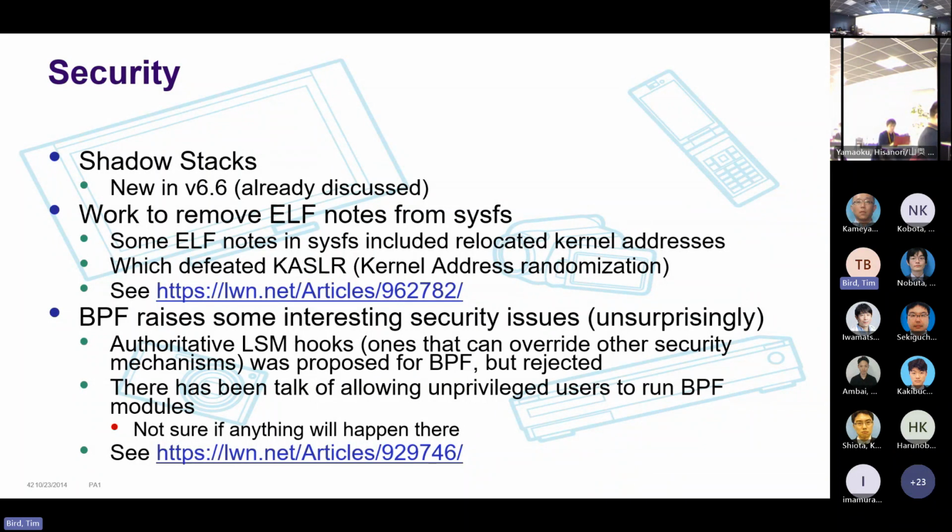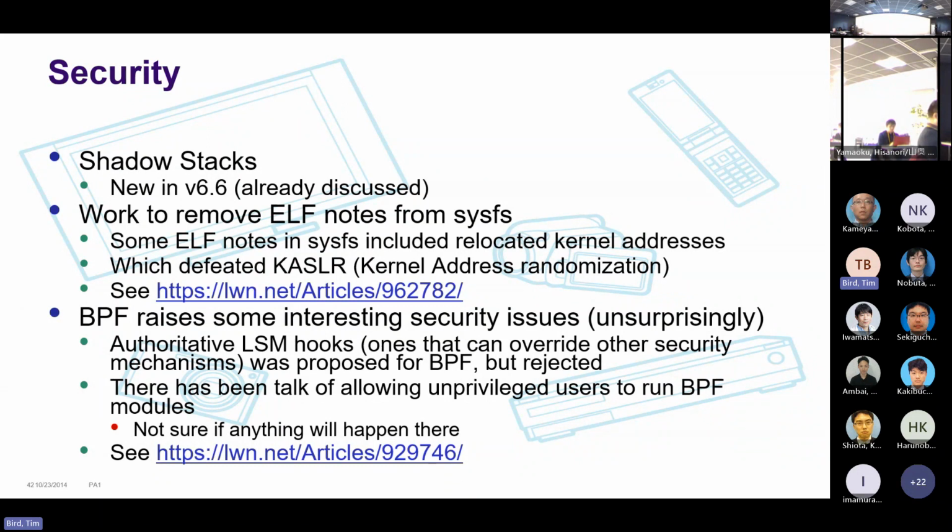They randomize where stuff lands in the address space to make it harder to attack the kernel. So if you don't know what the addresses are, for instance, of all the functions, then you can't do return-oriented programming attacks.